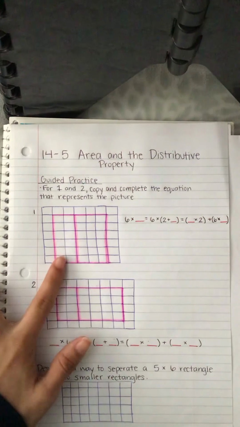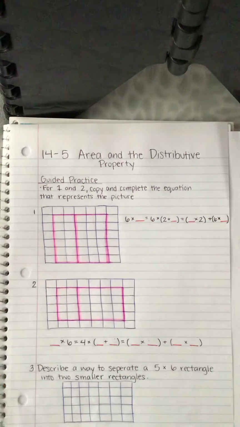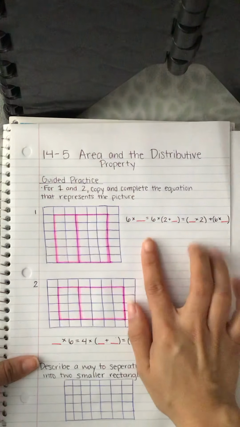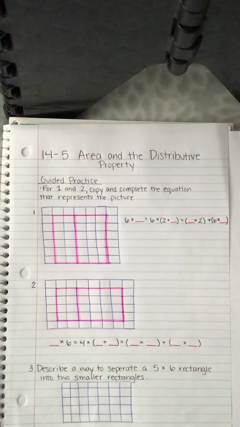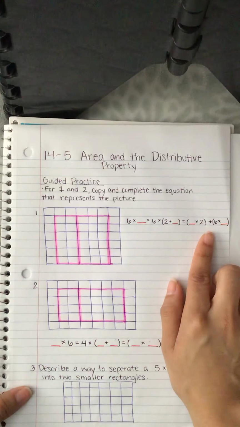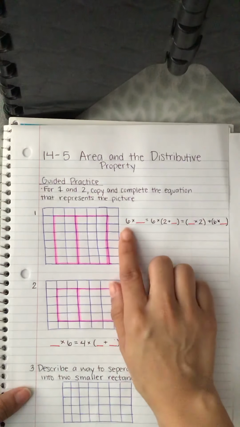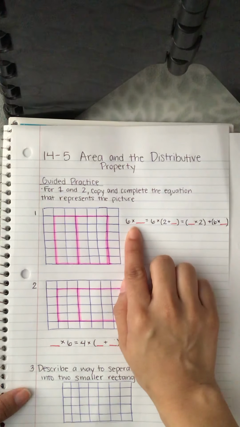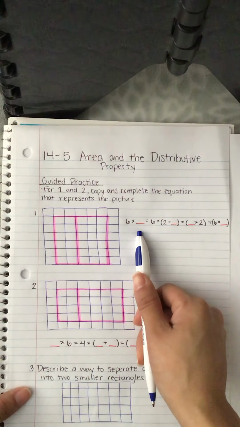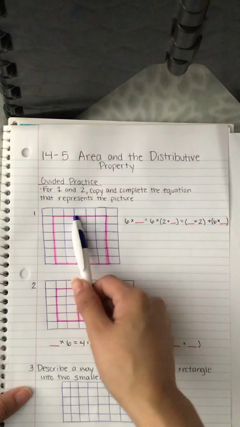For number 1, you can see here that we have this large figure and then an equation that we need to fill out. This here is the distributive property. So we see that our equation starts with 6 times something. To find this missing number, we just have to look back at our figure.